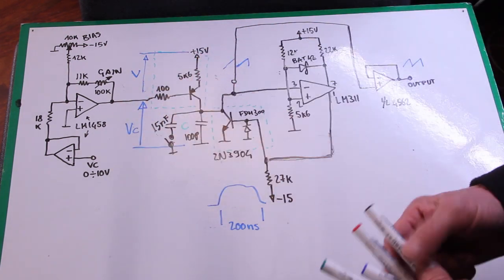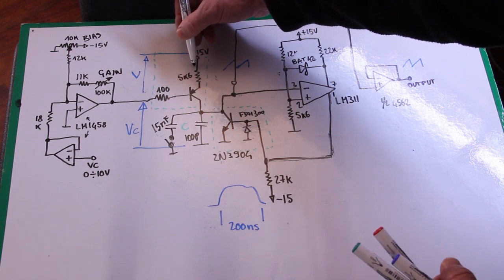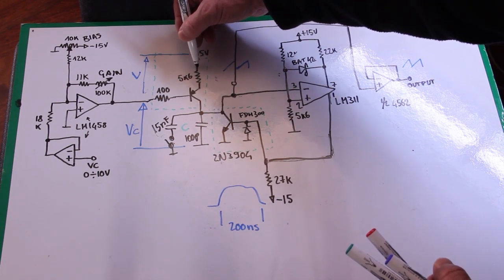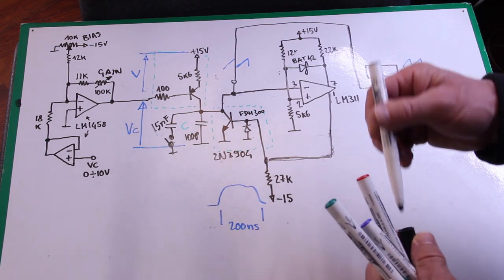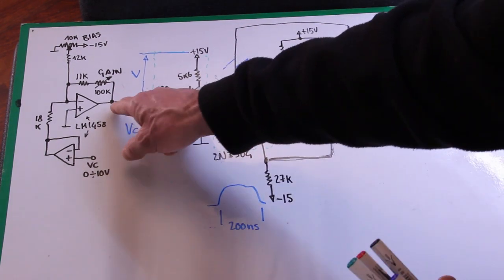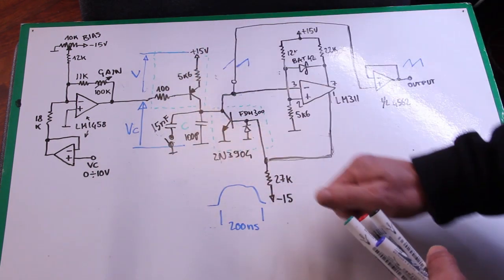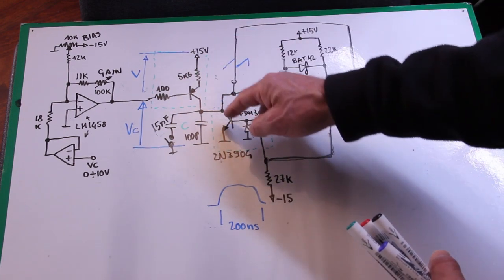and to increase the voltage control range, we have to lower this voltage here, because this operational amplifier isn't able to reach the voltage up to the positive rail.